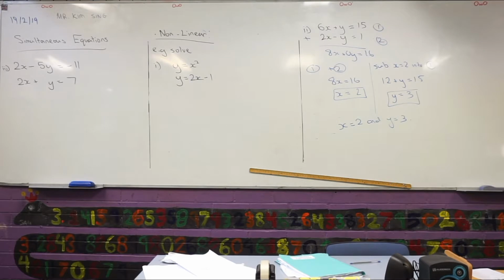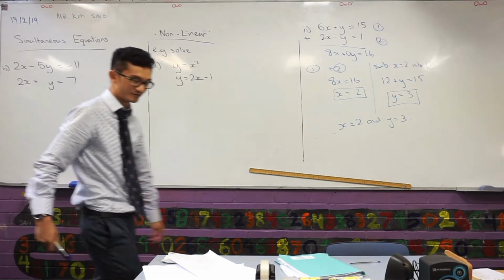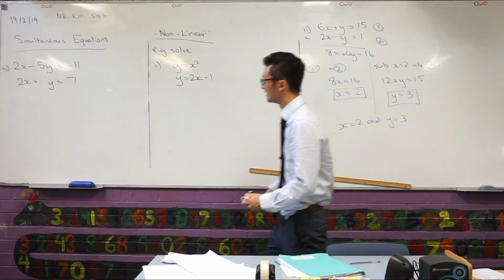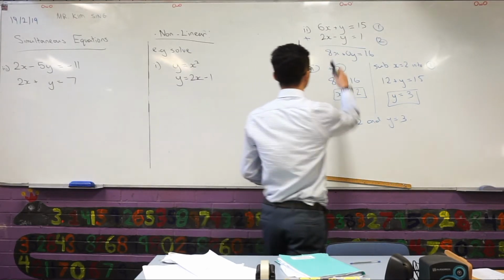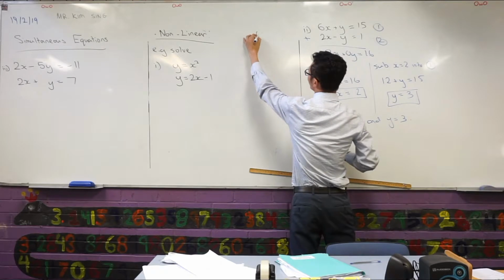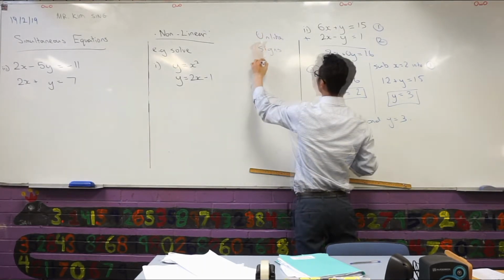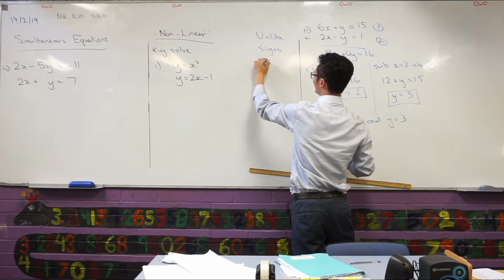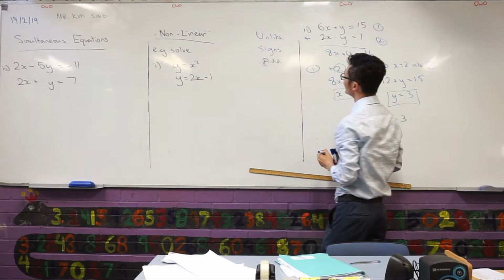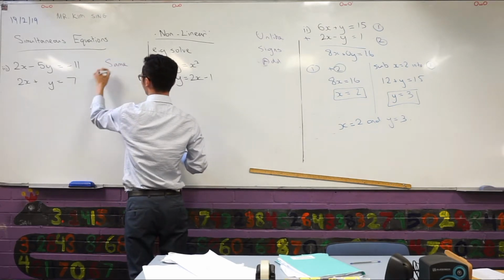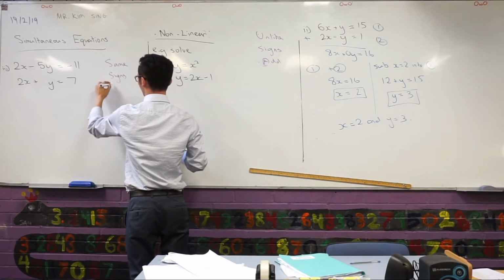Now, someone told me an interesting mnemonic to remember what action to actually take in terms of elimination, right? They told me that if you have, like in this case, unlike signs, you add, and if you have the same signs, you subtract.